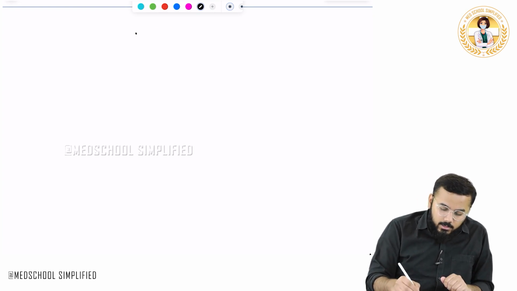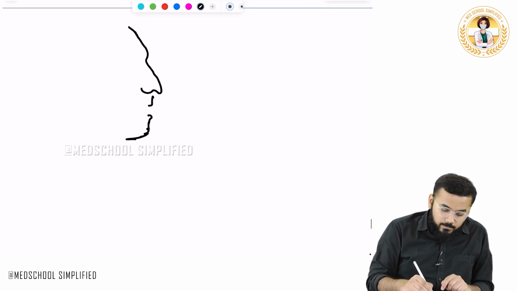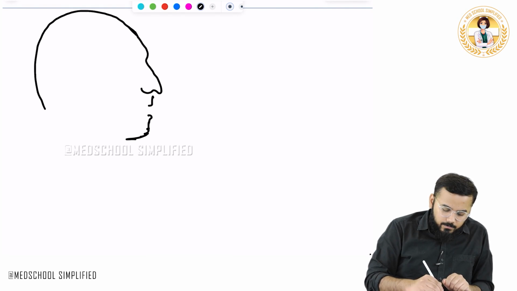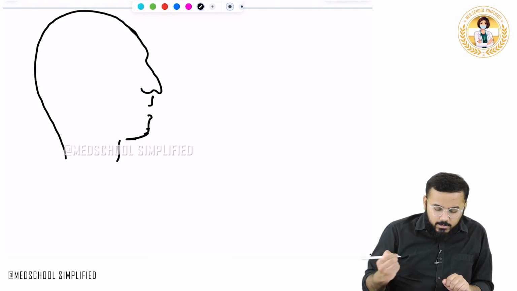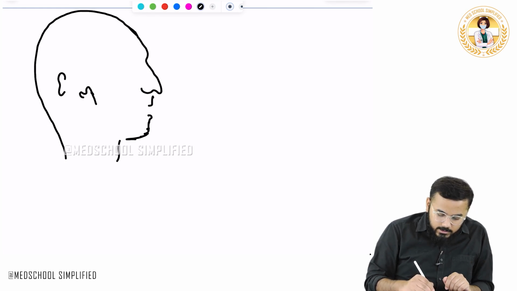For example, if you look at this picture, here let us say you have got your ear and let us say this is your mandible over here.